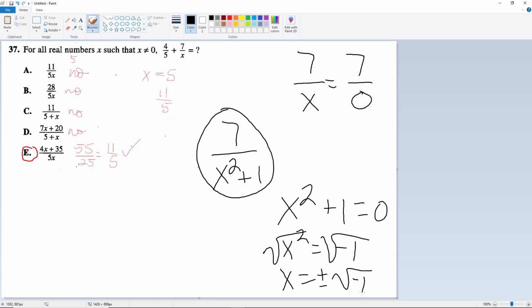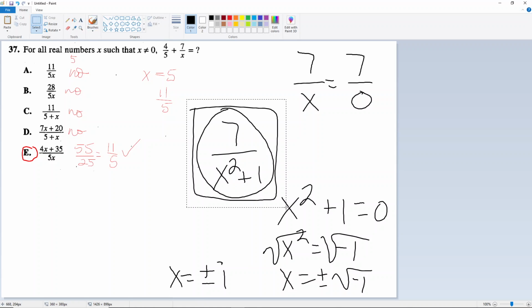Well, the square root of negative 1 is i, the imaginary number. So x equals plus or minus i. That would be the answer to that question, if it asks what value of x would make this expression not exist. But anyway, you cannot divide by 0.